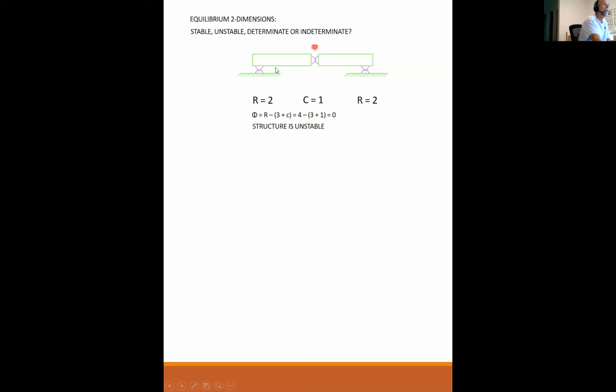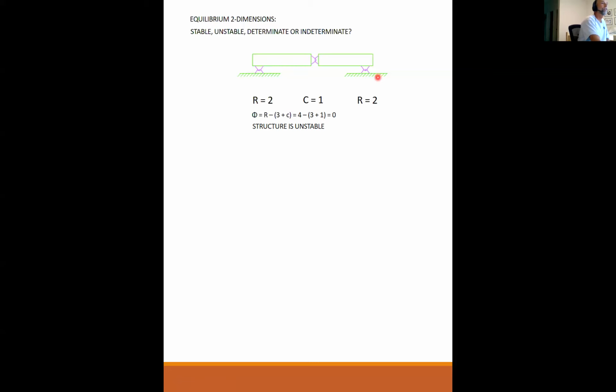And even though I kind of drew it this way, the hinge here is actually in the same plane as well. So if you were to sum moments at one end, you have two sources of restraint that are going through the same line. So they're not independent. And that is the problem.